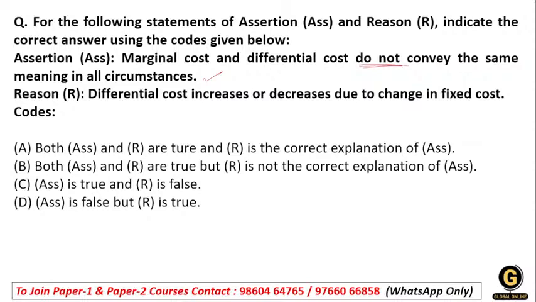Why is the assertion true? Because marginal cost actually refers to the additional cost, isn't it? Marginal cost is nothing but your additional cost, the cost we incur for producing one more unit. If you purchase one more unit, that is your marginal cost.